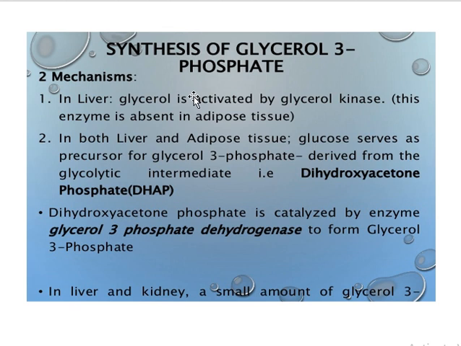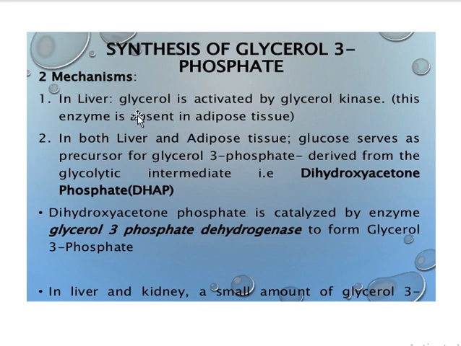Now we see how the synthesis of glycerol phosphate takes place. There are 2 mechanisms for the biosynthesis of glycerol 3-phosphate, that is, one from glycerol and the other from dihydroxyacetone phosphate.